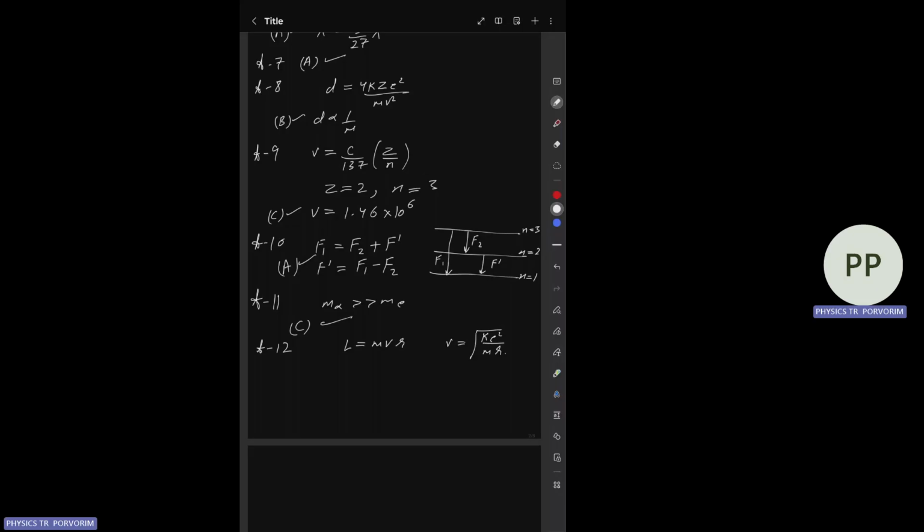We can write this by equating the centripetal force and the electrostatic force. From here we can see that v is proportional to 1 by root r. Since mass is constant, for v we write 1 by root r, and r stays as it is. So I can say L is proportional to root r. So option C is correct here.